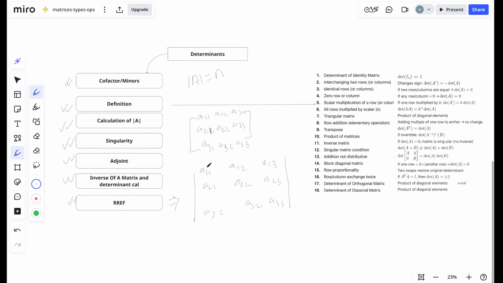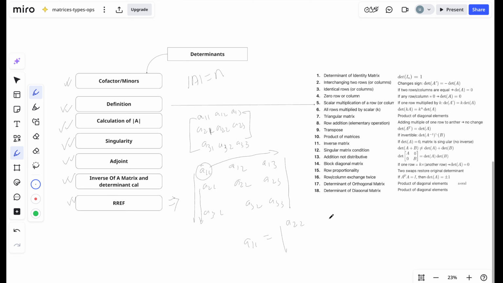So what do I mean by this? This is a formal definition, but let's say, for example, if I am considering the minor of A11 here, then it will be calculated by removing this row and this column and obtaining A22, A23, A32, A33.